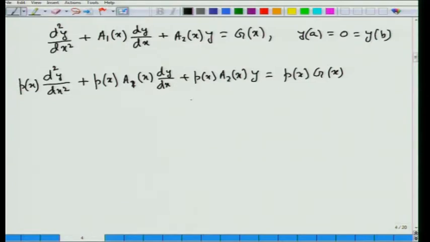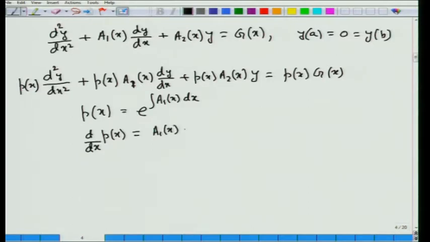Now, if we define p of x equal to e to the power integral a 1 of x dx, then we can easily verify that d dx of p of x is going to be a 1 of x e to the power integral a 1 of x dx. So, that means actually this is equal to p of x times a 1 of x.